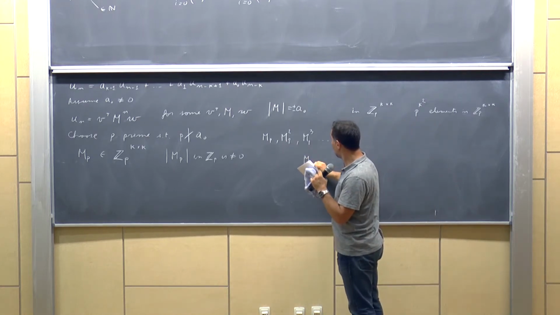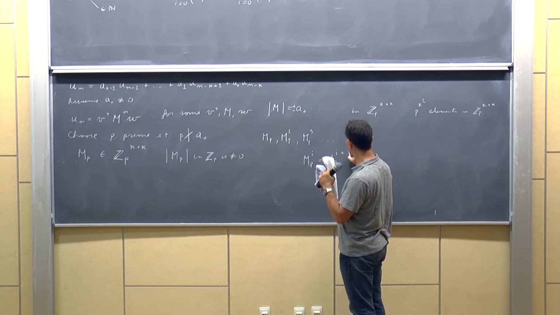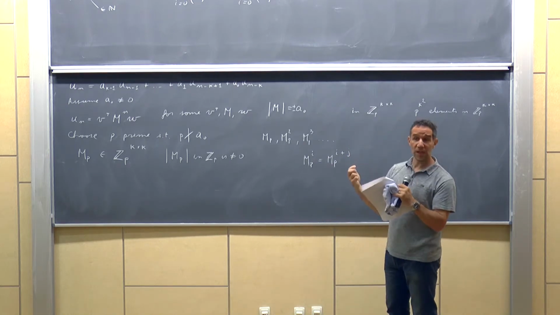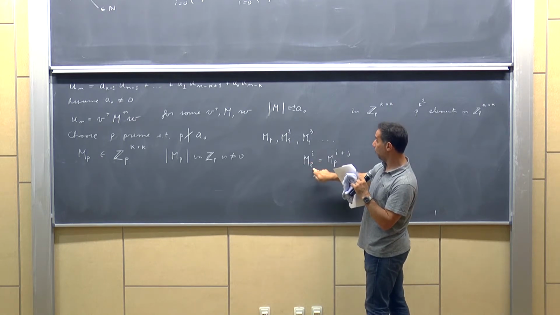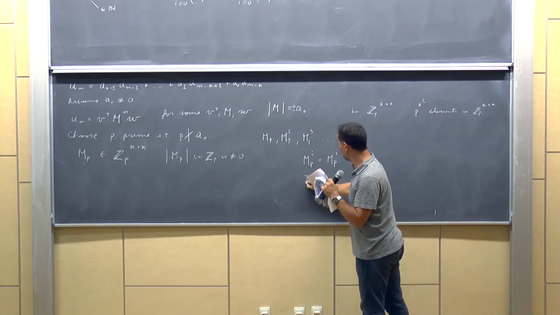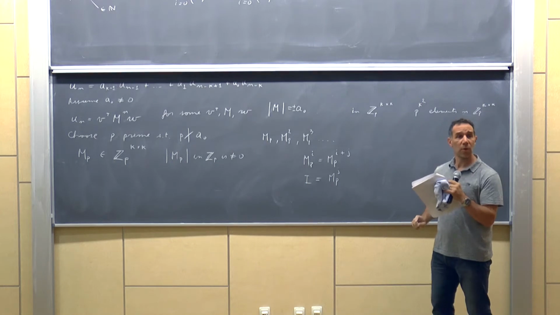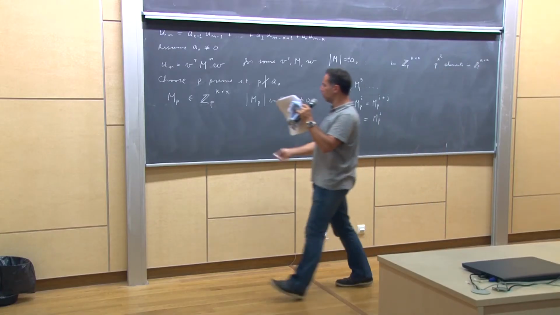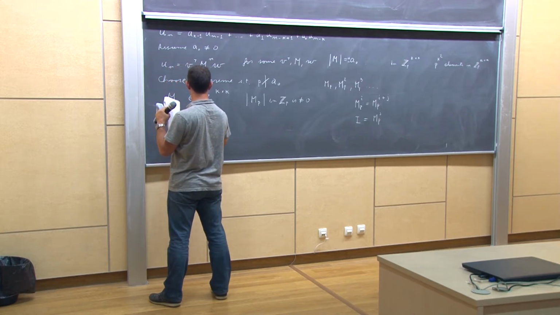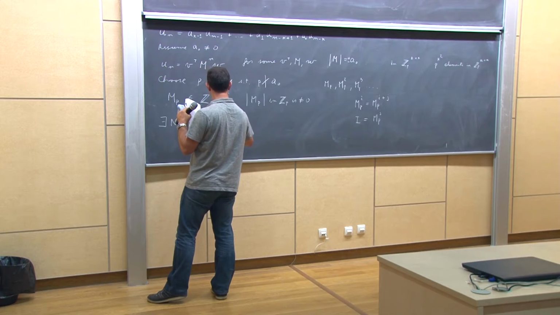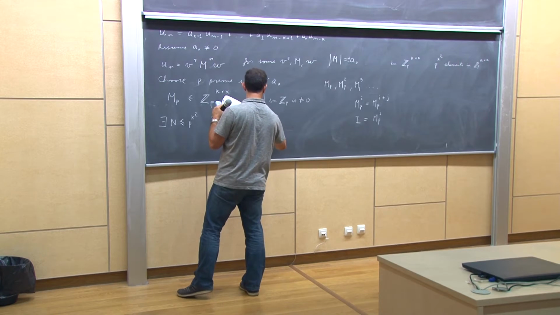So I will have M_p to the i equal to M_p to the i plus j. I know that M_p is invertible, so if I multiply on the left by M_p to the i inverse, I get the identity equal to M_p to the j. Okay? So I'm just claiming that there's some natural number n, which is at most p to the k squared, such that M_p to the n is equal to the identity matrix. That takes place in Z_p.